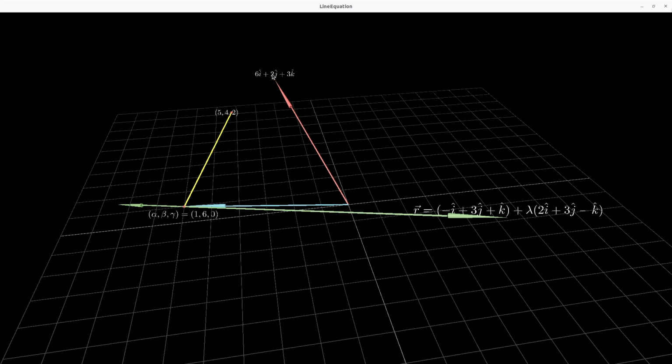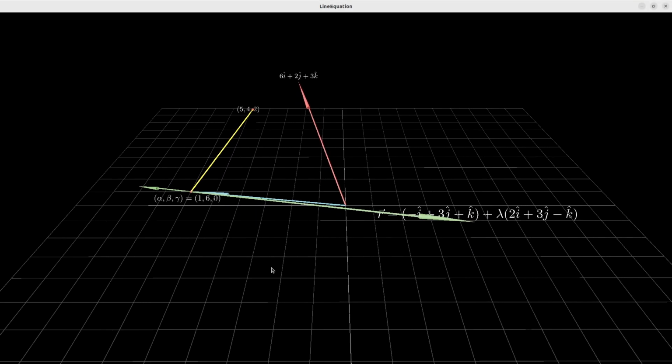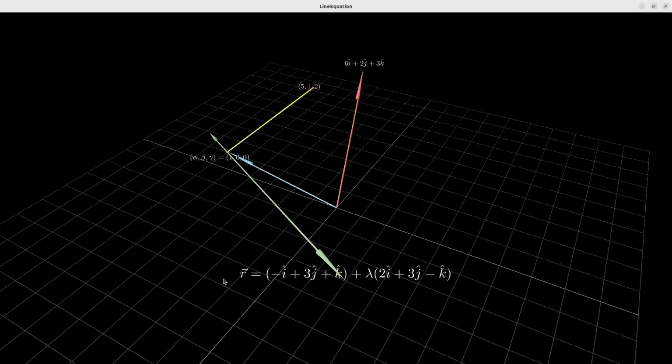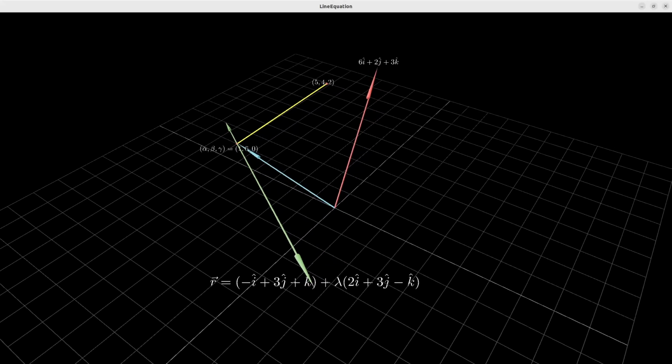The red vector is 6i plus 2j plus 3k. Okay, we got the two vectors. Now we need to show the projection of the blue vector onto the red vector. We are interested in finding the projection length. If you draw a perpendicular from this point to this, then this length is the projection length.